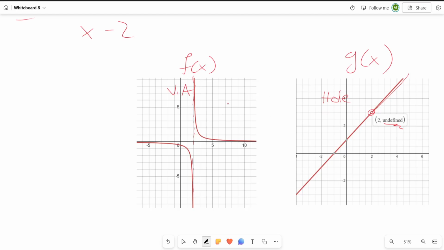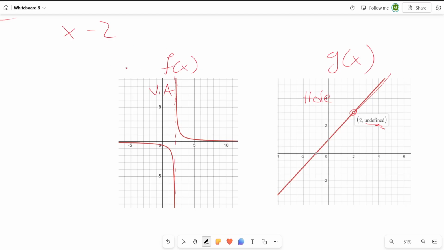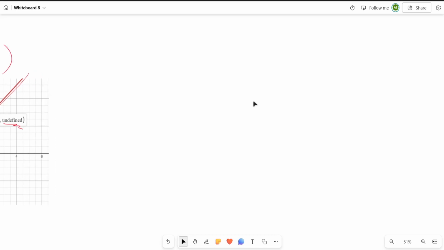So these are the two types of scenarios that you will find when you have an x that will cause your function to be undefined. My goal in this video is to show you how you can find out if it's a vertical asymptote or a hole. I'm going to give you a very, very simple rule.